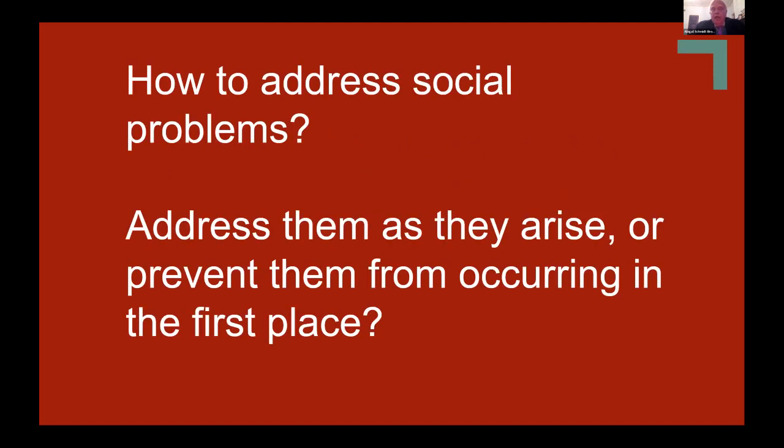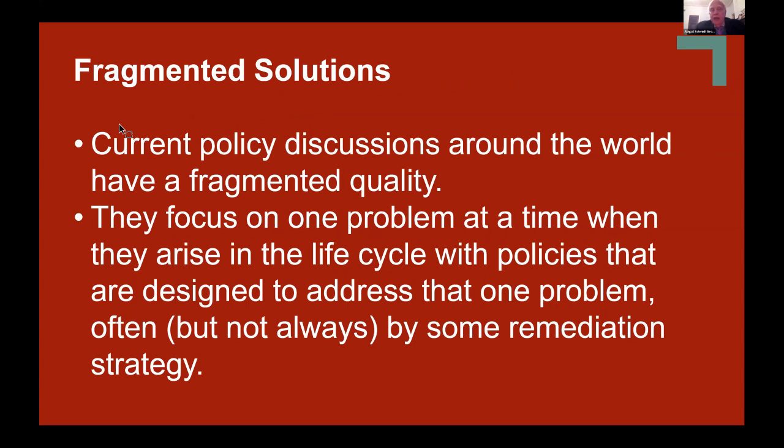We want to think about how to address social problems. Now, one way that we addressed social problems in the past is by looking at fragmented solutions. And I mean looking at problems one at a time. So we look at, say, crime, or one problem, and then we say, let's solve that problem because it's in front of us. We should do it.